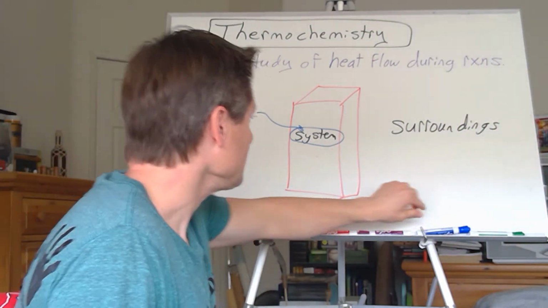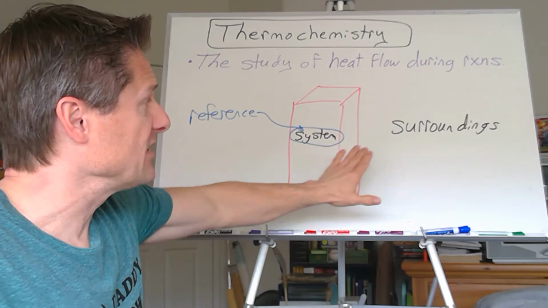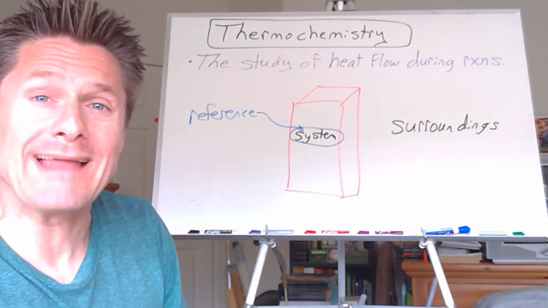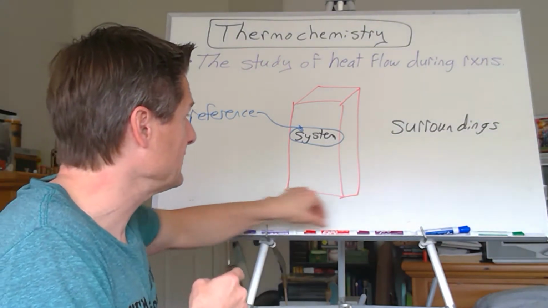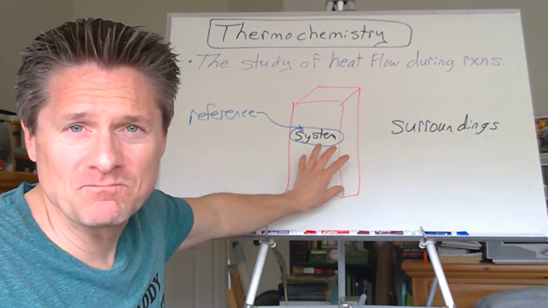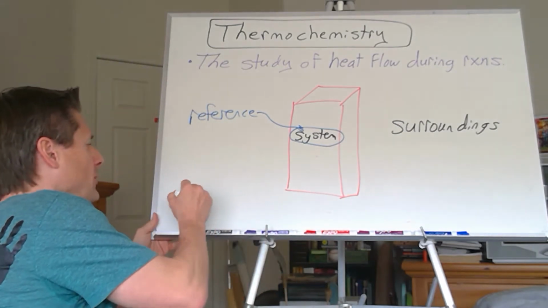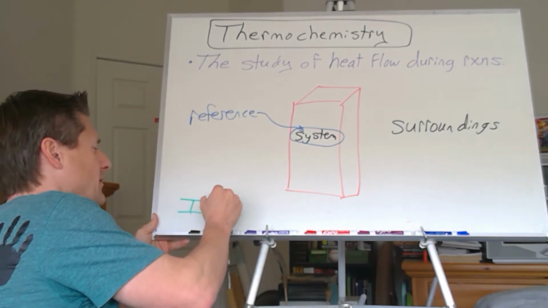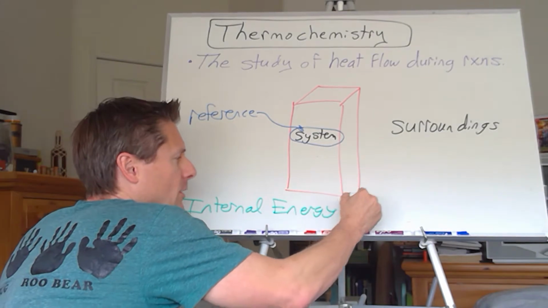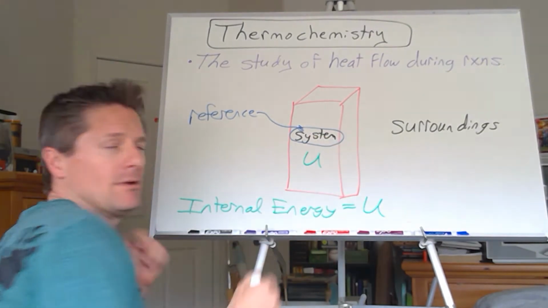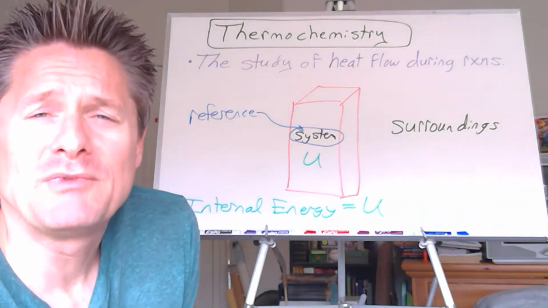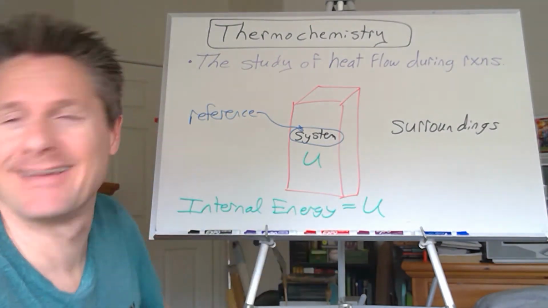So we've got our definitions, systems and surroundings. Let's start with the big picture and then work down to the little components. We're going to take a look at this system and ask, what is the total energy of that system? We're going to call that the internal energy, and we're going to call that U, capital U. I would have called that E or something, but most textbooks call it U, the internal energy.